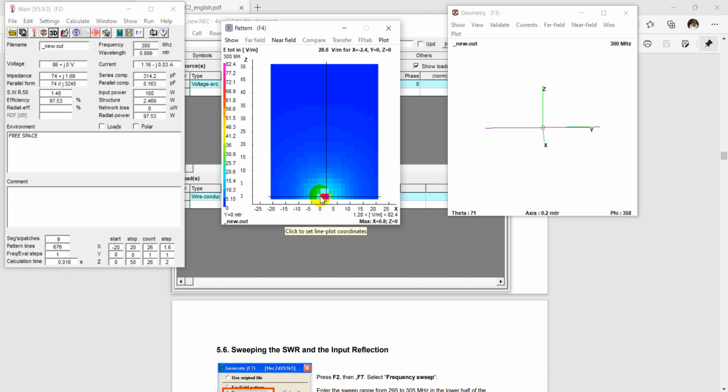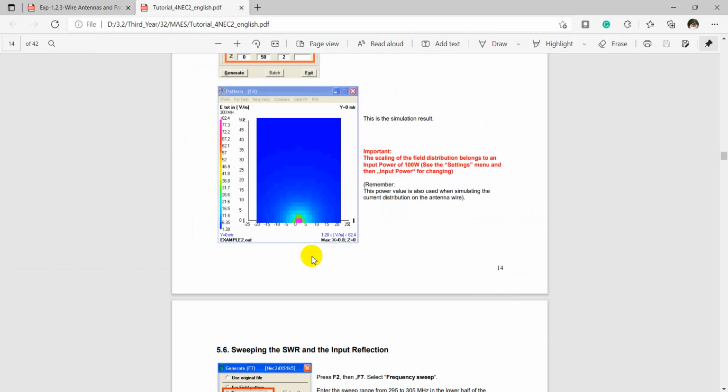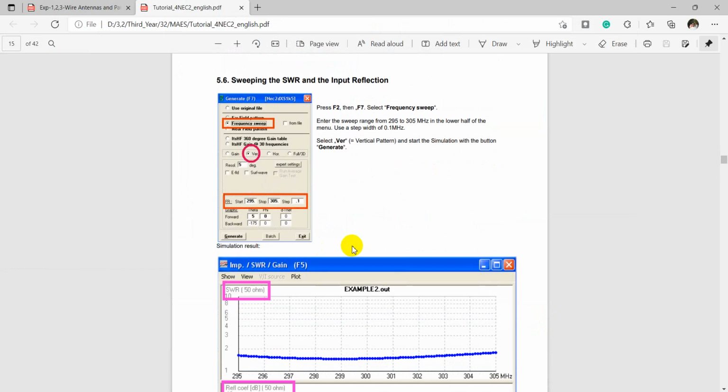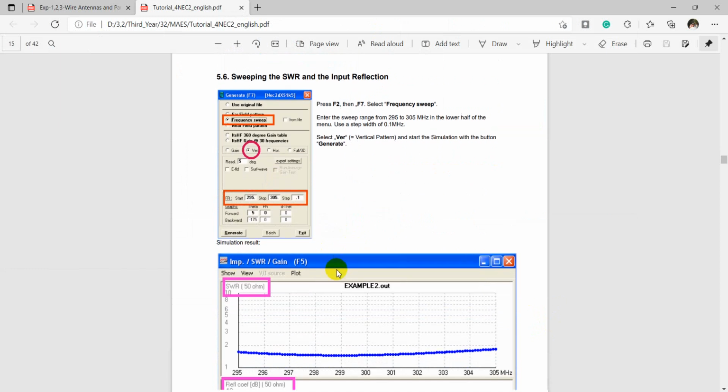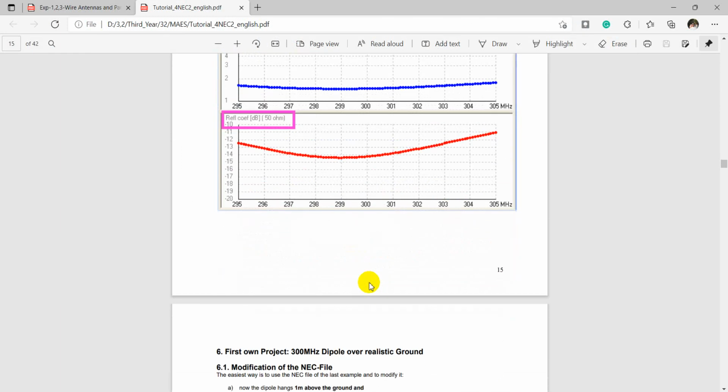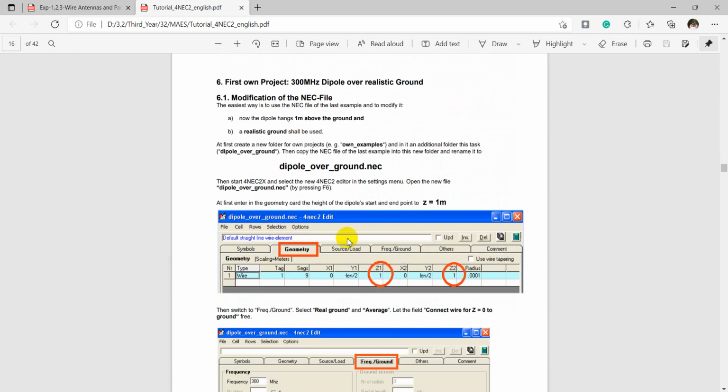Then it means the maximum radiation happens here, and after this we can see the radiation pattern is already seen.